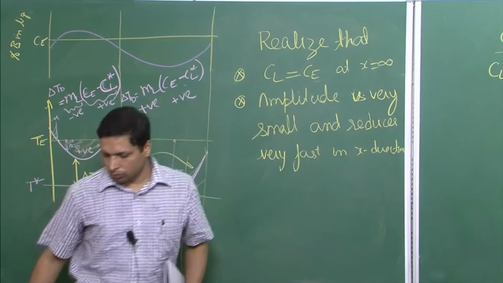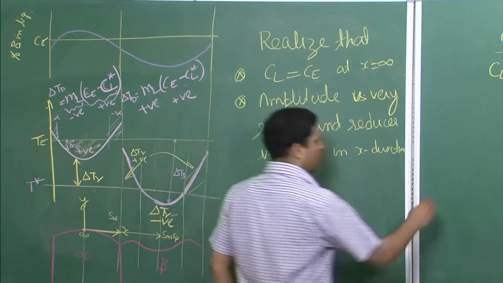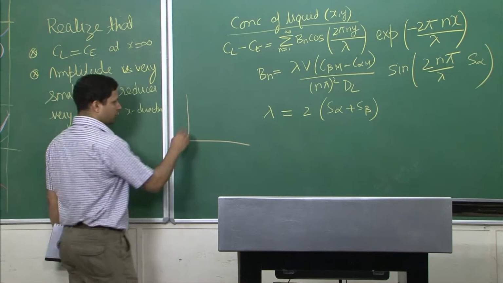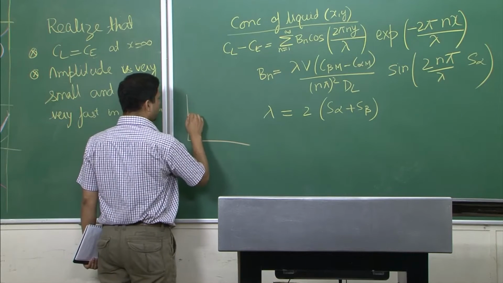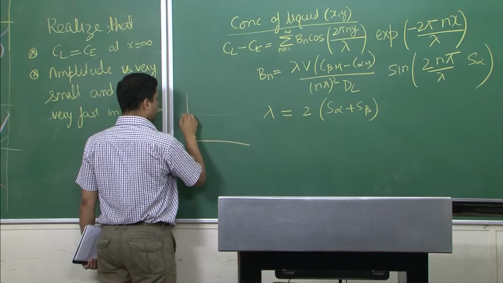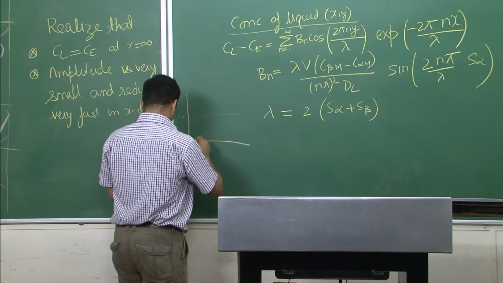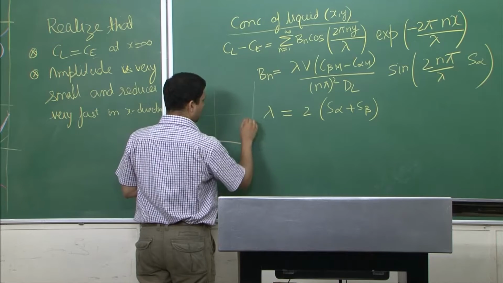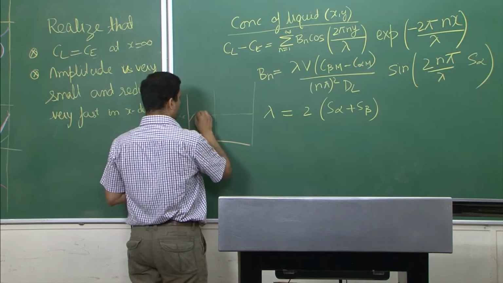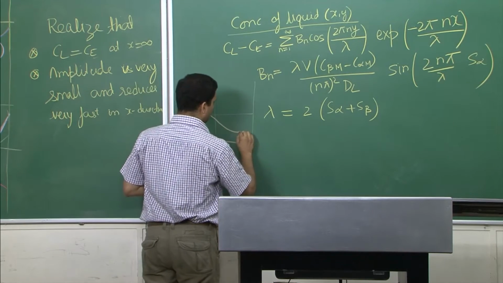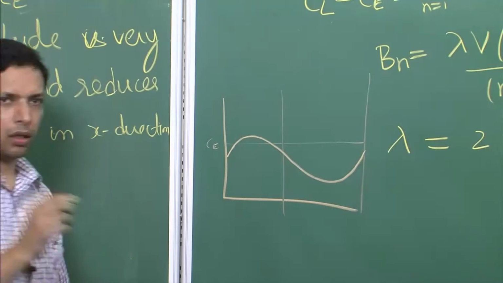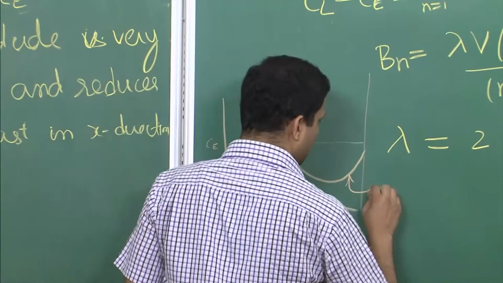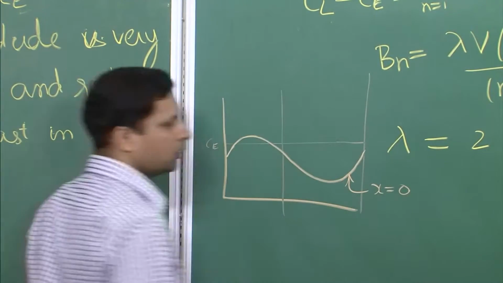So if we were to look at the amplitude at x equal to 0, that is right at the interface, we know how it looks. So this is our Ce, this is alpha, this is our beta. We are looking at only one wavelength. So this is how the concentration looks at, say, x equal to 0.